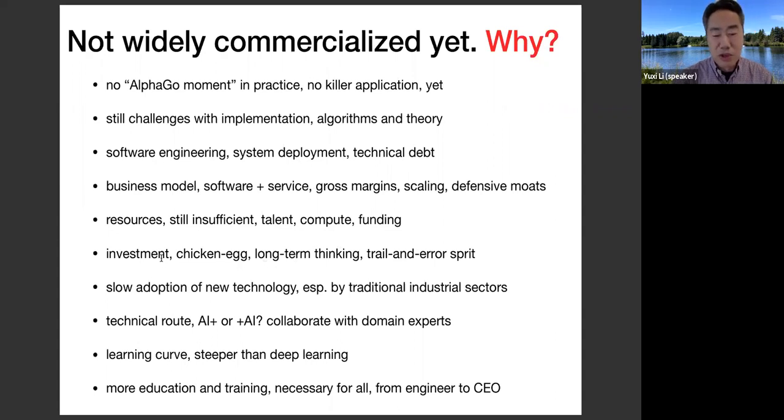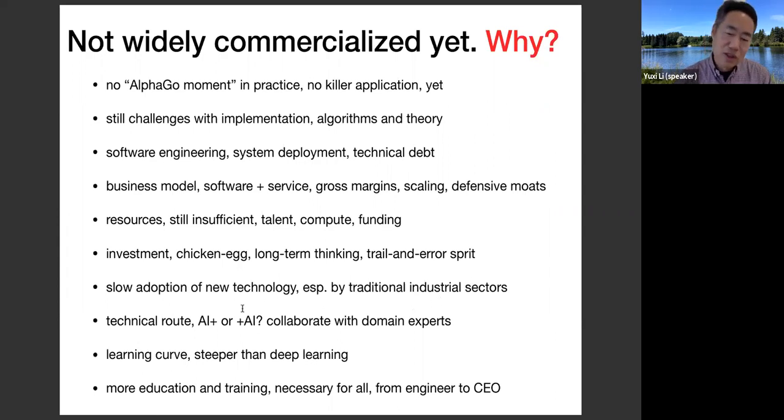So this is probably a chicken-and-egg problem. We don't have killer applications, so VCs won't pour money in. But if we don't have enough resources, we cannot make it happen faster. But the good thing is big companies already put lots of resources on reinforcement learning, so we can have good results already.